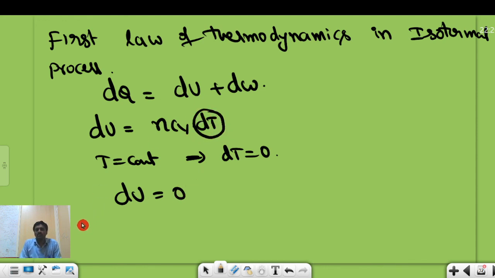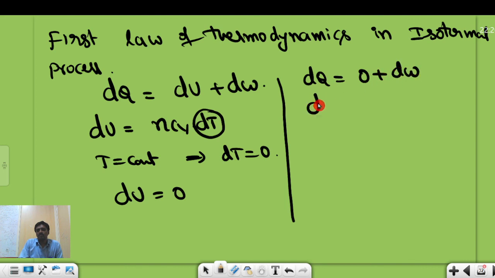Then the first law of thermodynamics will be converted as dq is equal to 0 plus dw, that is, dq is equal to dw. So one more conclusion we are getting. First of all, I am writing the equation.